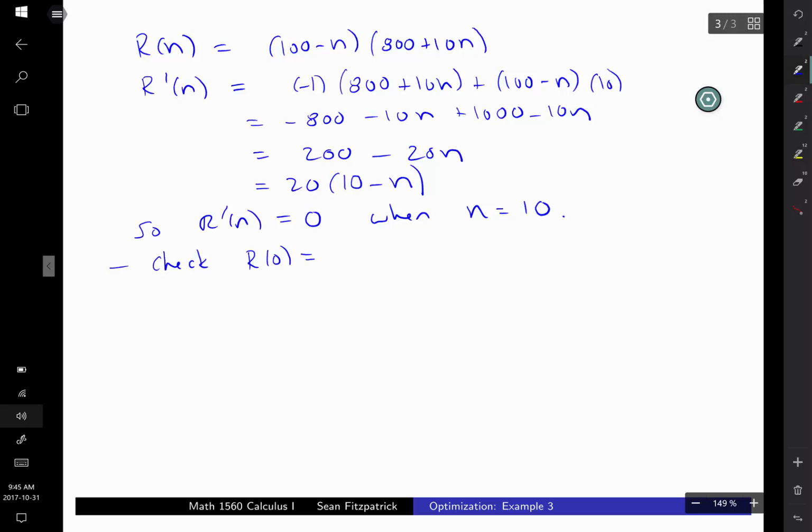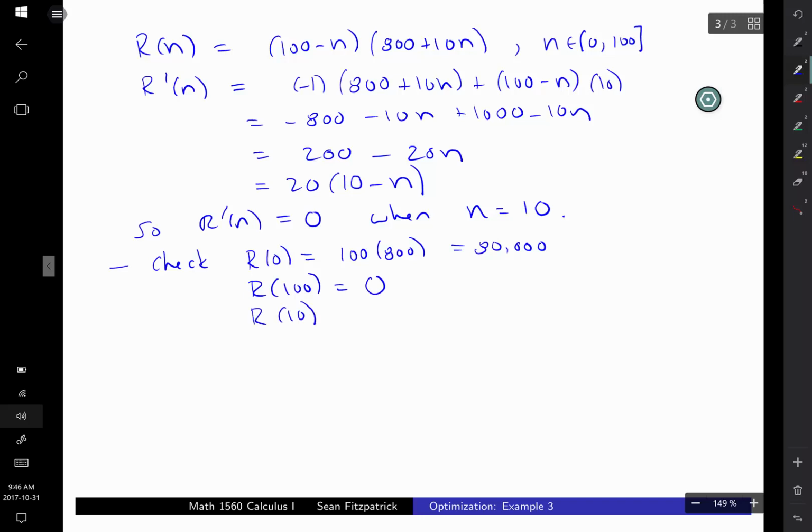Well, R of 0 is going to be 100 times 800, which is 80,000. R of 100, that was our other endpoint, right? Remember, N was between 0 and 100. R of 100 is, well, 0, because there are 0 units rented.